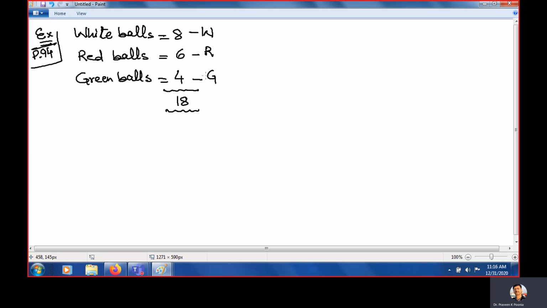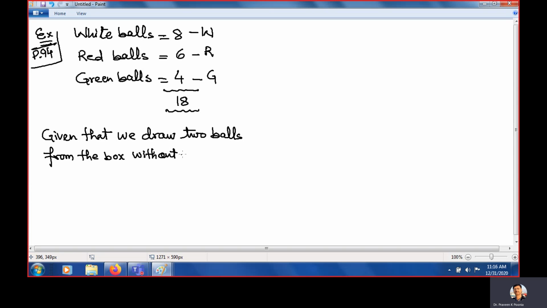So what is the question? Given that we draw two balls from the box without replacement.